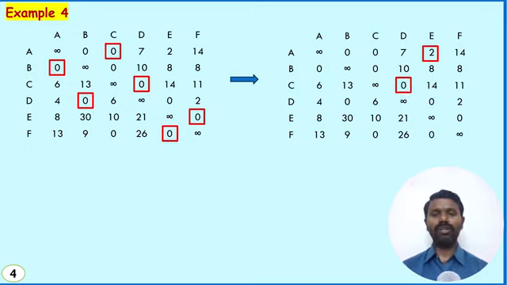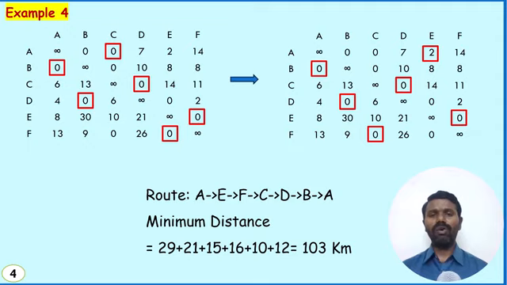So now if you see the route, the vehicle or the traveling salesman will start from A and he will go to E, and from E he will go to F, and from F he will reach C, and from C he is going to D, from D he is going to B, from B he is coming back to A. That means he is covering his journey.